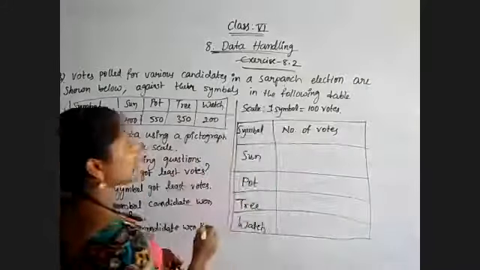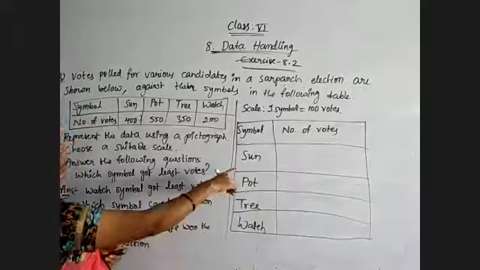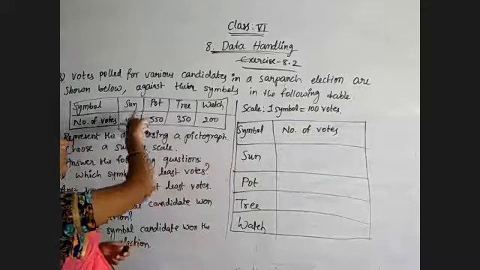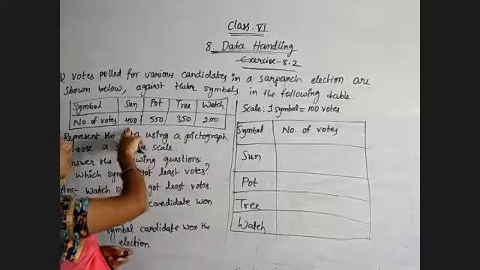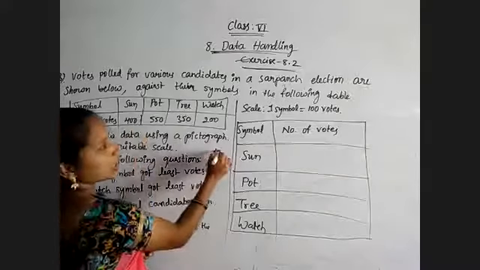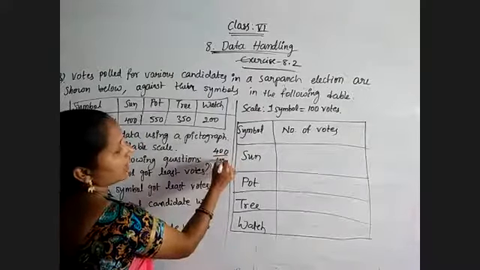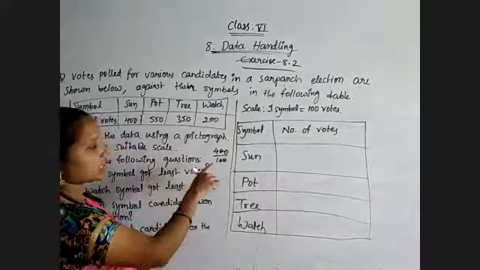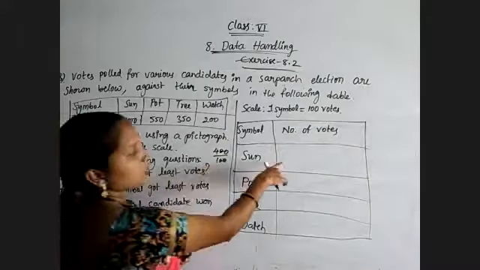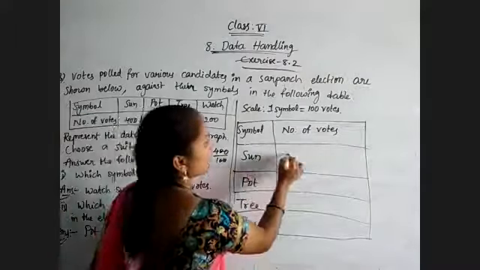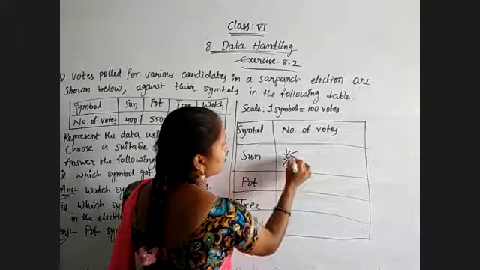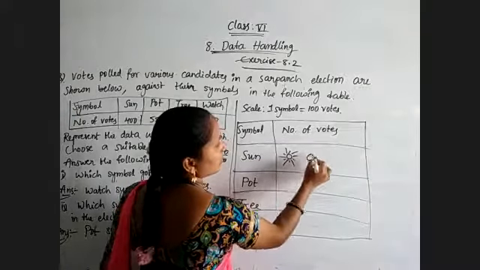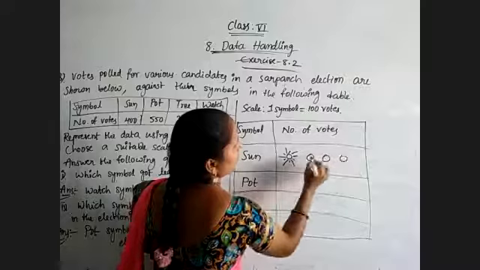How many symbols do I need to represent sun? Number of votes polled for sun is 400. With the scale 100, 400 by 100, zeros get cancelled, 4 is left, so I need to draw 4 symbols. I draw the sun symbol like this: 1, 2, 3, 4.